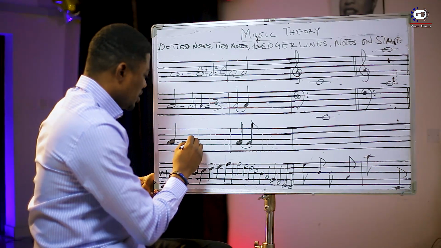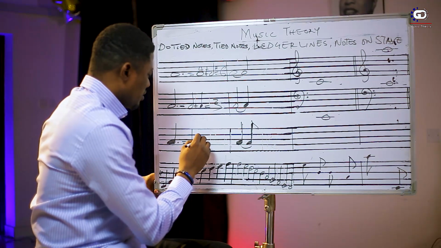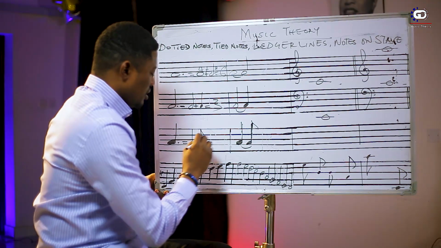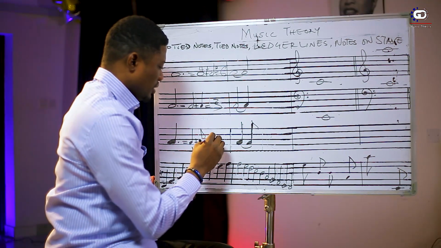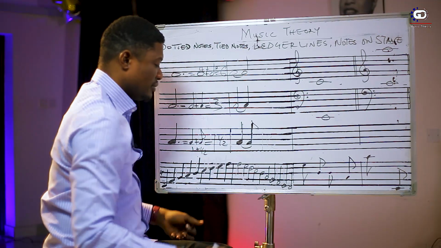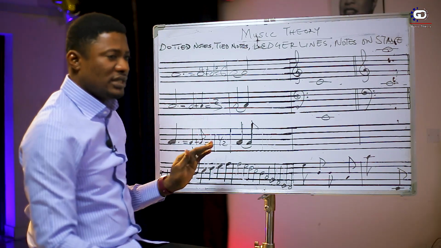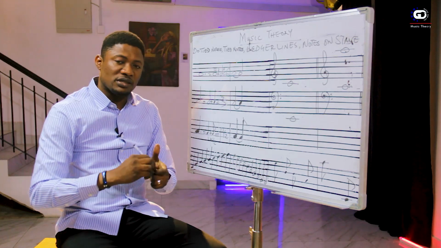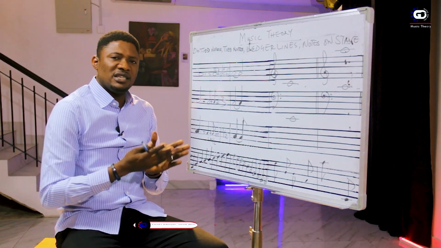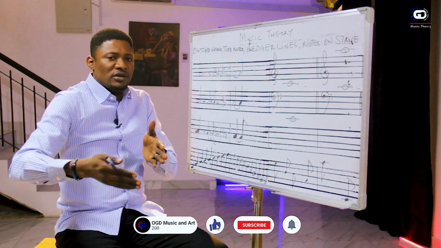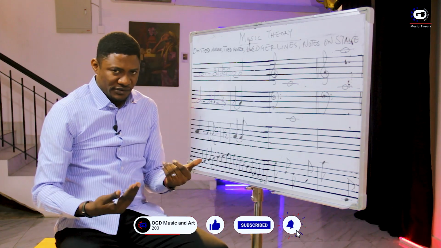Here you have a crotchet. Half of a crotchet is a quaver. A crotchet plus a quaver, 1 plus half, will give you 1.5, right? It's as simple as that. So anytime you see a dot after a note, you just know that it is 1.5 times that note, or it increases it by half, right? Cool.